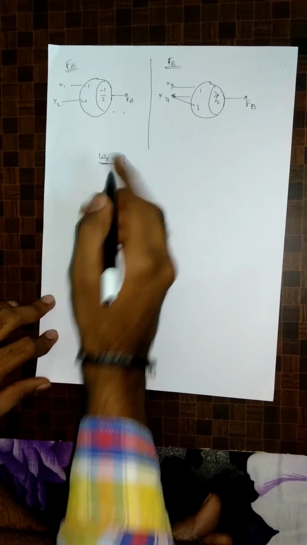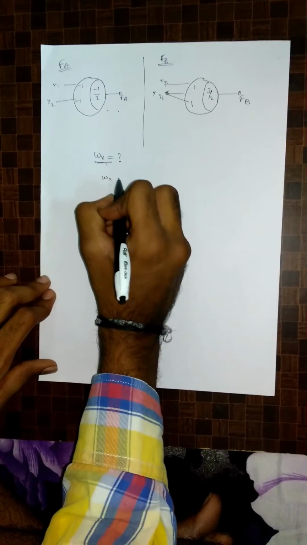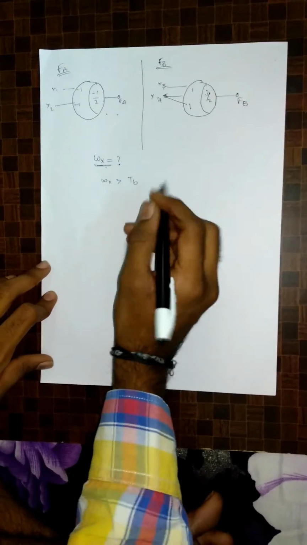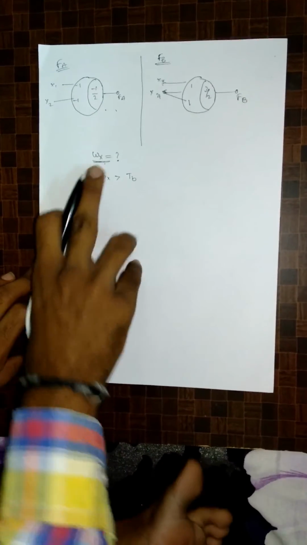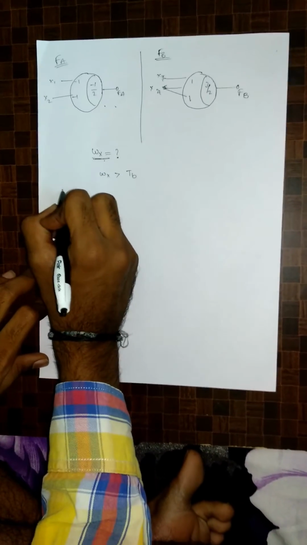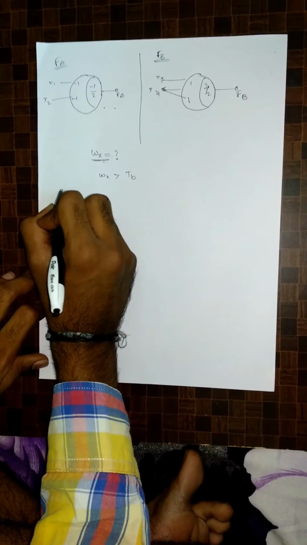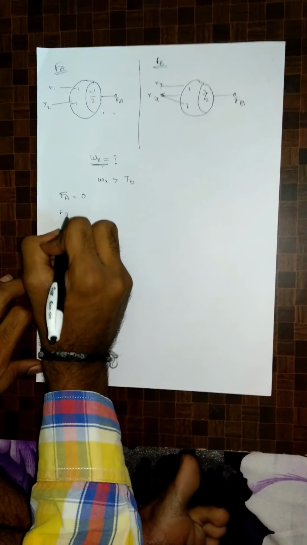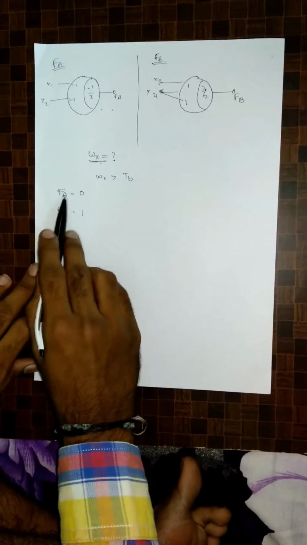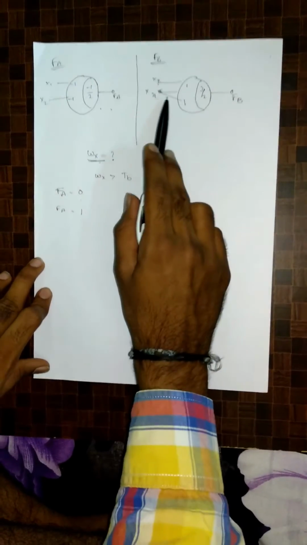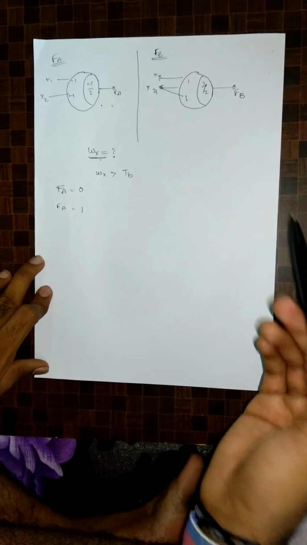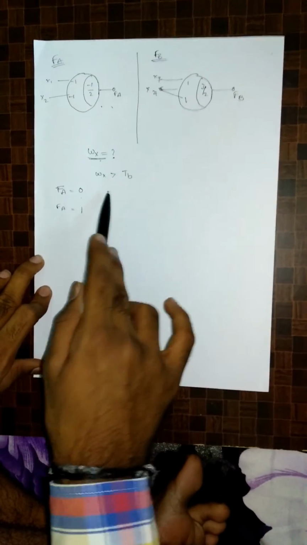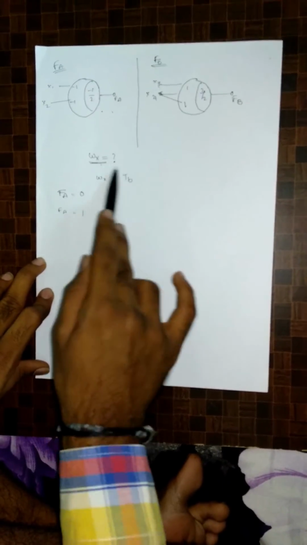The value of Wx must be greater than the value of TB, because the value of Wx is only affected when there are two cases: if FA is equal to 0 and if FA is equal to 1. If FA is equal to 0, the total output doesn't depend on the first one. So it only depends on the second one. In that case, the value of Wx is not necessary.